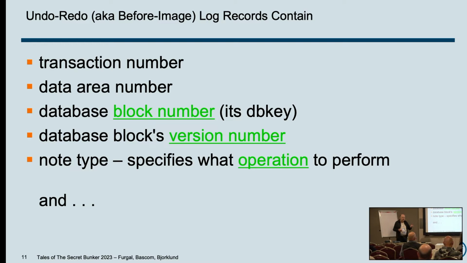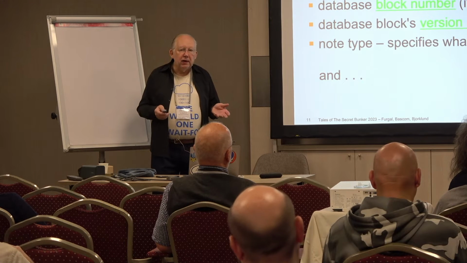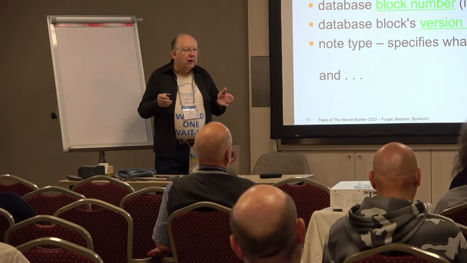So there's a note and a version number in the block that have to match. And then after that, there's a whole bunch of information that's specific to the particular kind of change. So for example, if you delete a record, the note has a copy of the record in it.